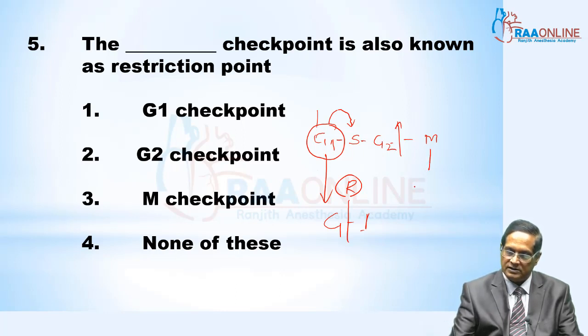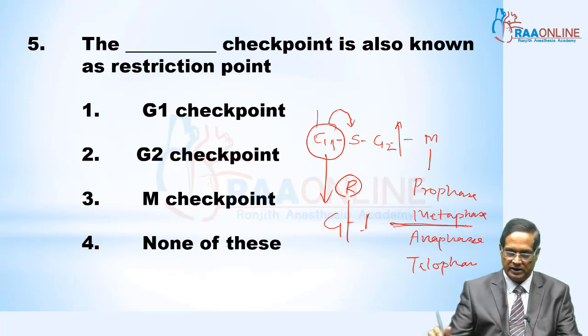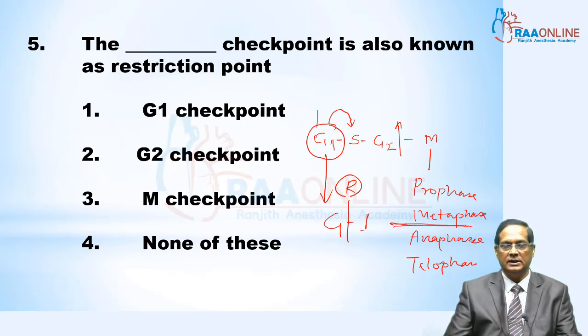Then M phase comprises 4 phases: number 1 prophase, number 2 metaphase, number 3 anaphase, and number 4 telophase. And there is a small checkpoint between metaphase and anaphase.